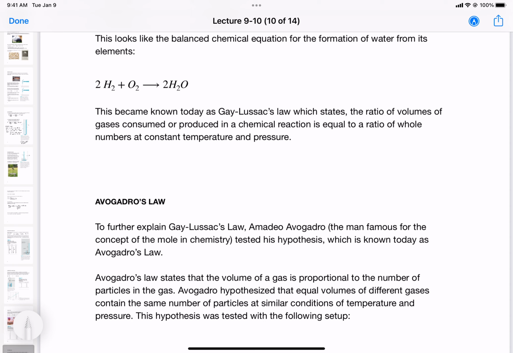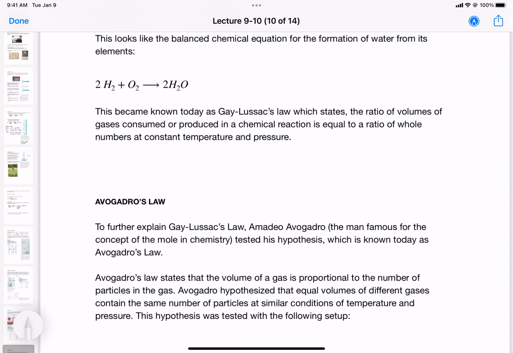that the reason you can think of this in chemical reactions is because in the balanced chemical reaction, there's 2 moles of hydrogen and 1 mole of oxygen. So the fact that you can use this in a ratio of volumes is that they must contain the same number of particles.